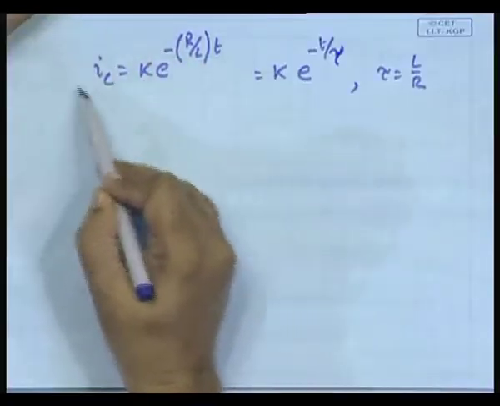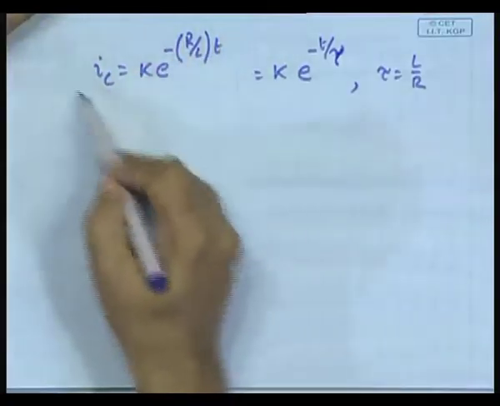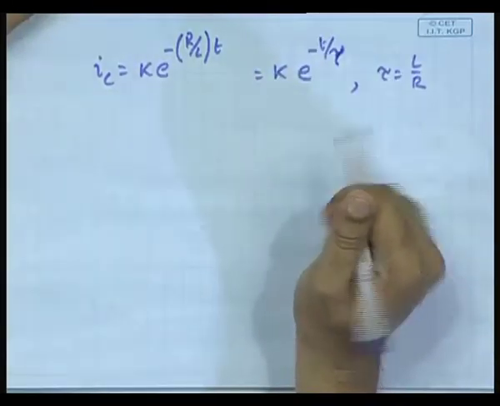Okay. So, the complementary function will be of this form. Again, we will have to find k the same way, depending on the initial condition.